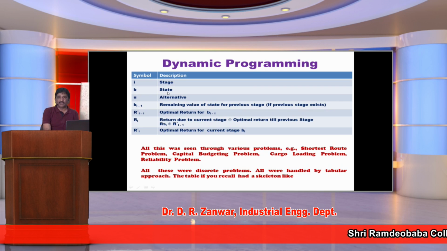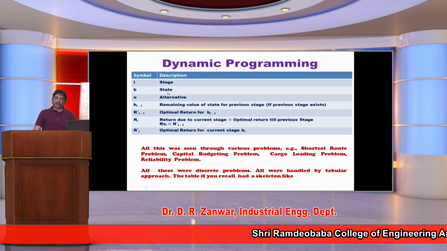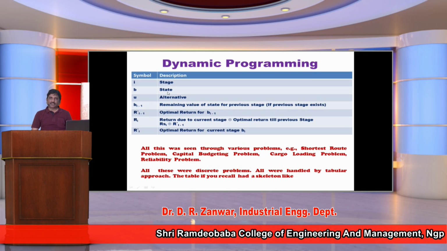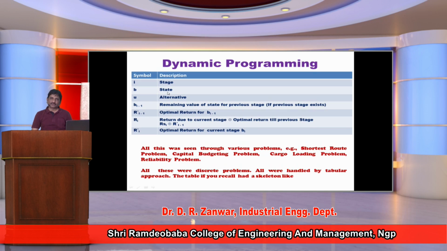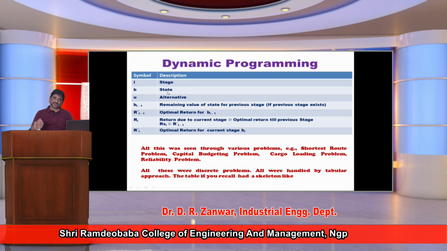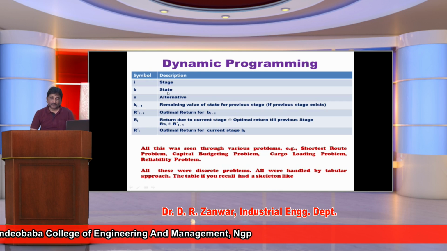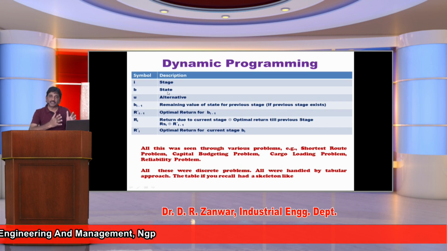For example, in the cargo loading problem, we had the limit of cargo of 10 tons. So we assume that the cargo capacity is 0 tons, 1 ton, 2 tons, 3 tons, 4 tons, and so on up till 10 tons. We have found out the optimal return for the states of 0, 1, 2, 3 up till 10.